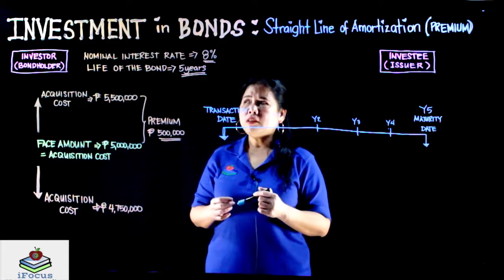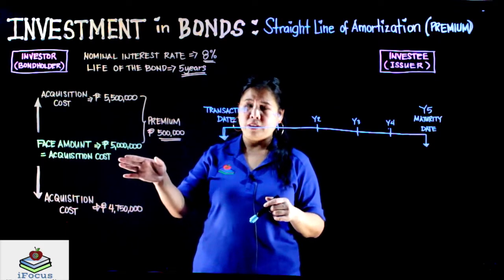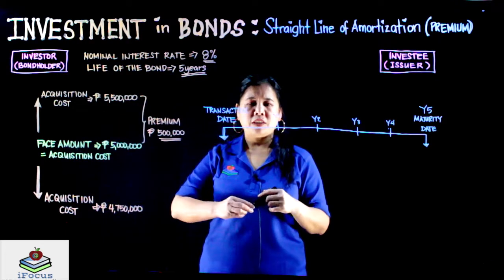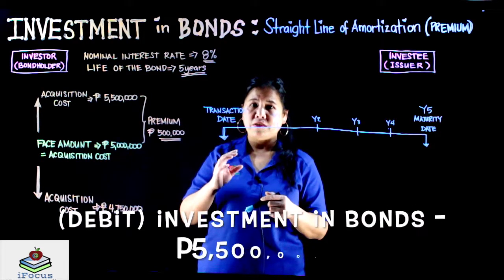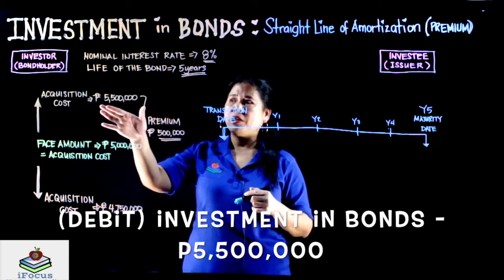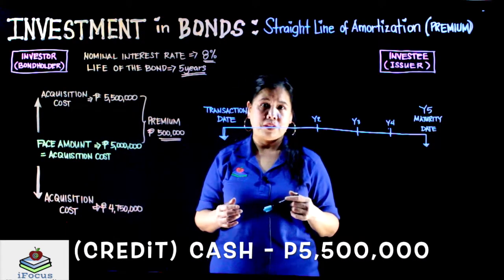Kung in-acquire ni investor itong bonds na may face amount na 5 million, in-acquire niya ng 5,500,000. On the transaction date, our entry is debit to the investment in bonds of 5,500,000 and credit to cash of 5,500,000.